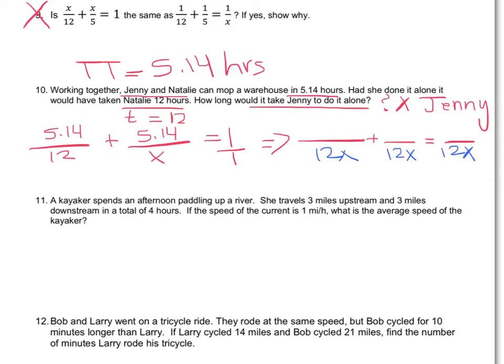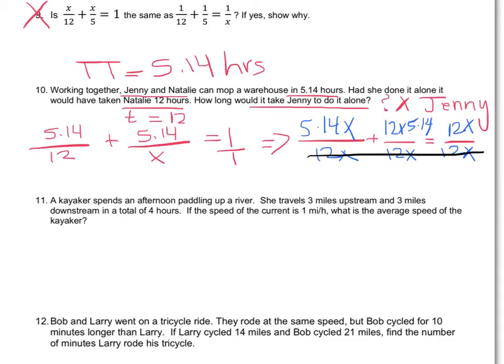Now, compare what's missing, x, so 5.14 times x. Compare what's missing, 12, so multiply 12 by 5.14. Yes, you need a calculator for that. 12x, what do you multiply 1 by? By 12x, so that's what's missing, so 12x on top. Then what do you do? You cancel out the denominator.